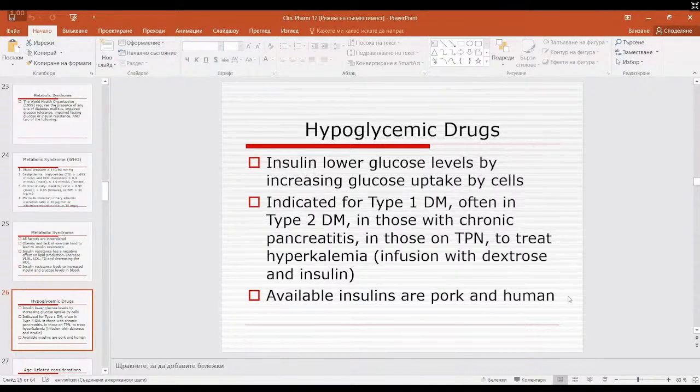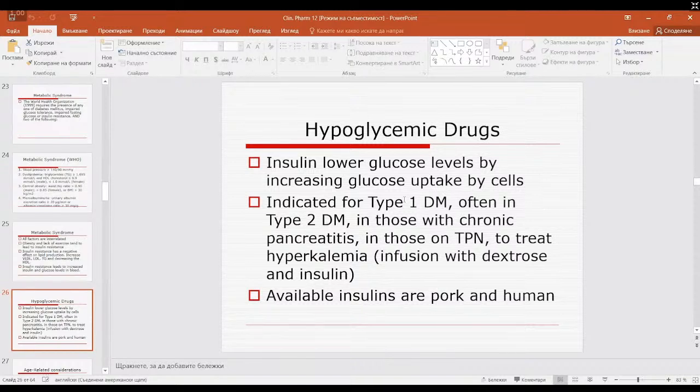What are the hypoglycemic drugs in order to treat these conditions? For type 1 diabetes, it is of course insulin. So all patients with type 1 diabetes will require insulin. But for type 2 diabetes, especially in the first couple of years after diagnosis, we have other options, which are oral drugs.